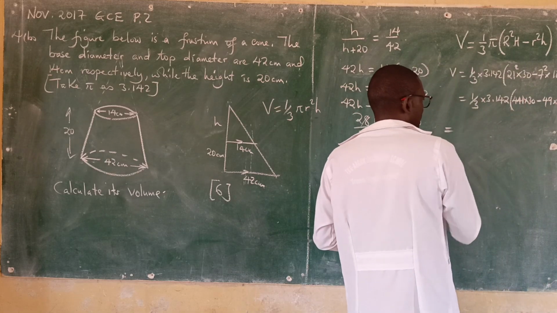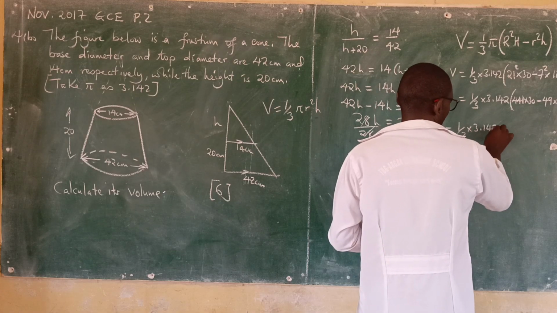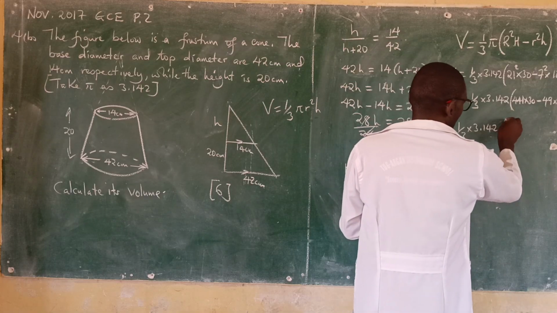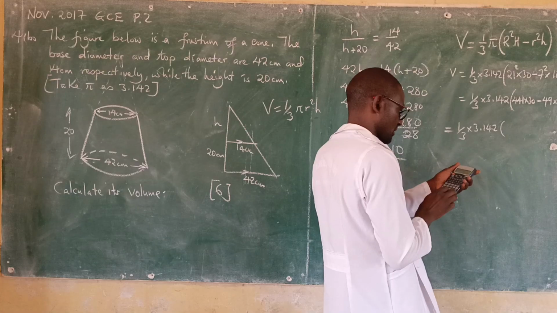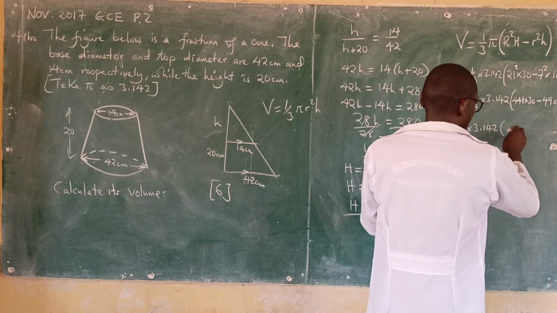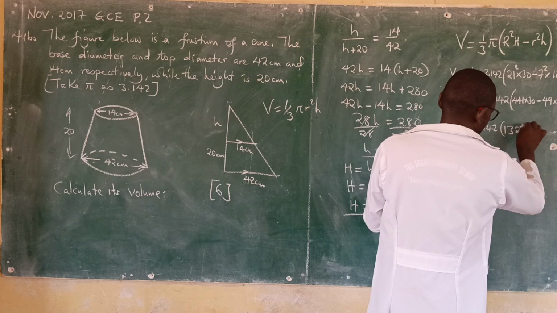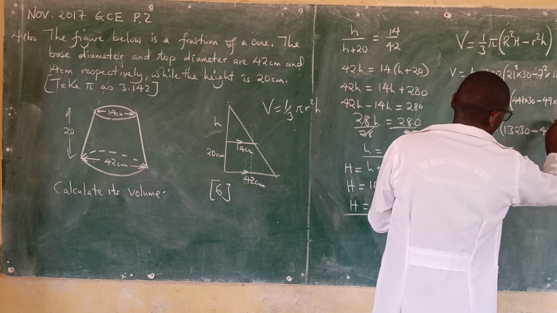So this one gives us 1/3 times 3.142, and then there in the brackets, 441 times 30, it gives us 13,230, minus there it's 490.